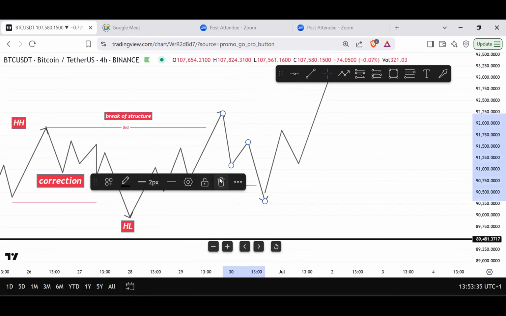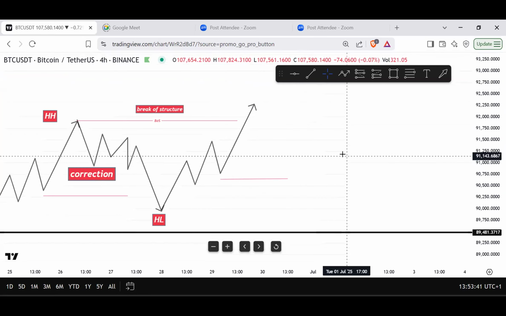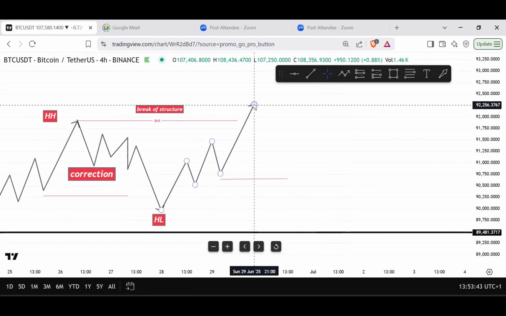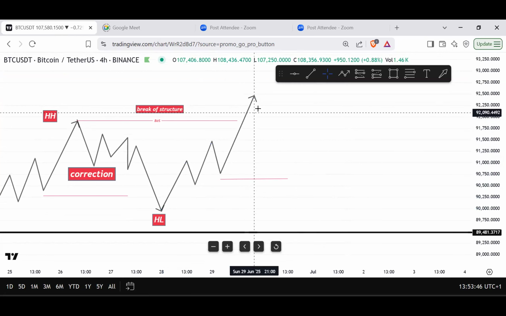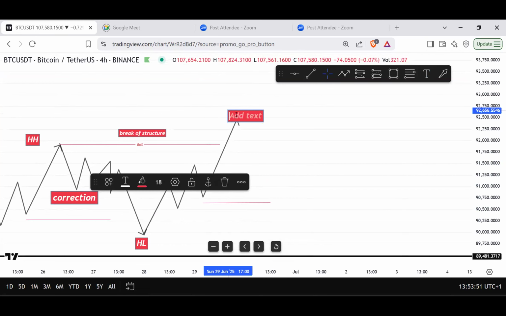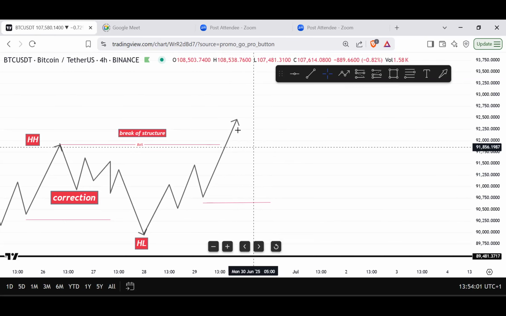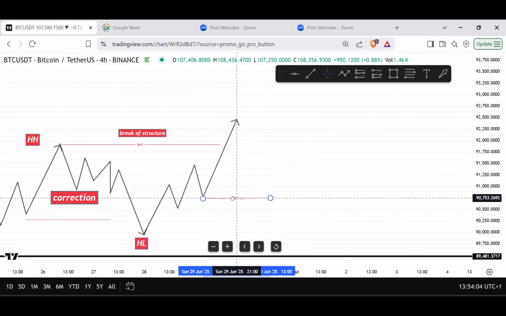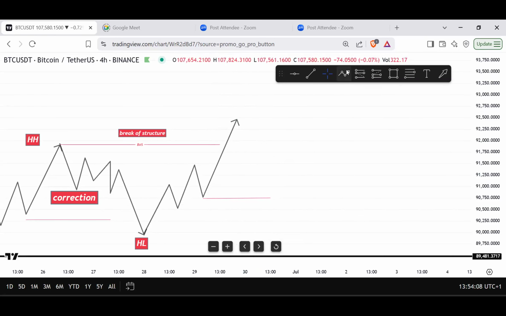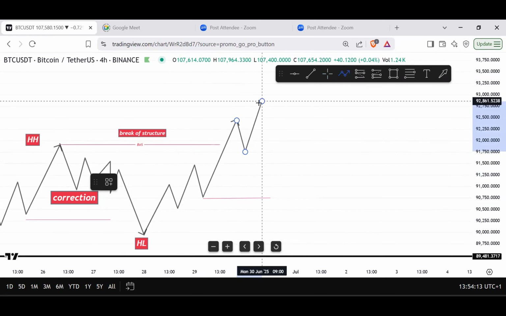Price breaking higher does not mean a higher high yet. We'll wait until we see correction, because we have to wait for an indication. We can still have another one like this and continue.